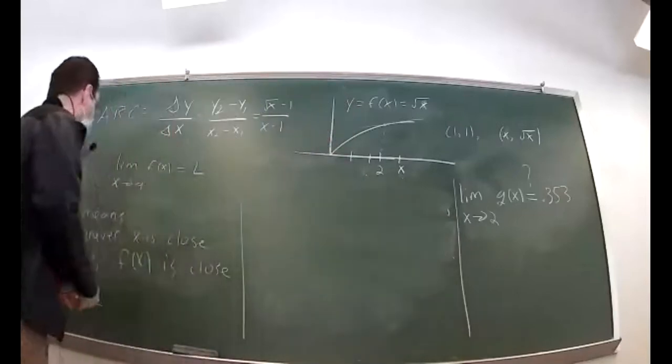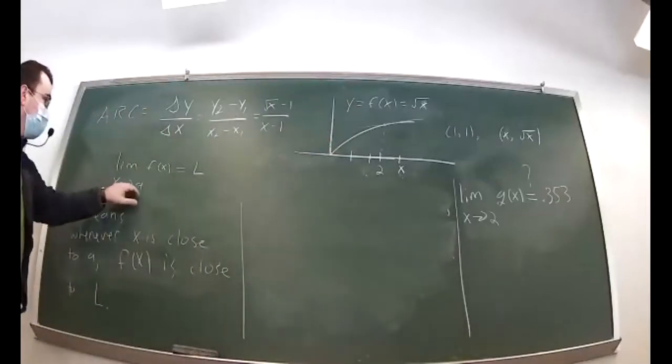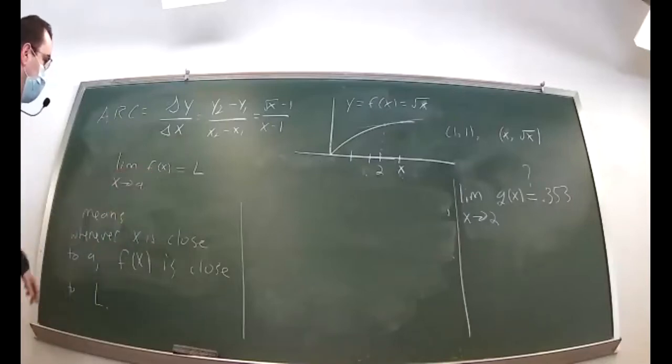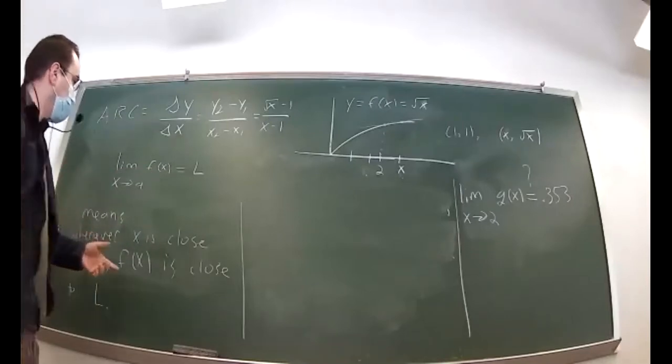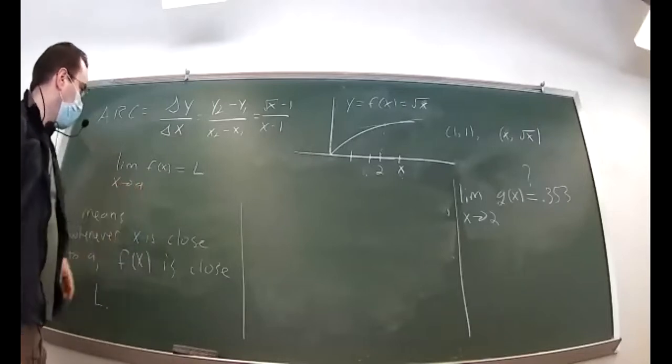The official intuitive definition is limit as x approaches a of f of x. So you start with some function f of x. You start with some point a.